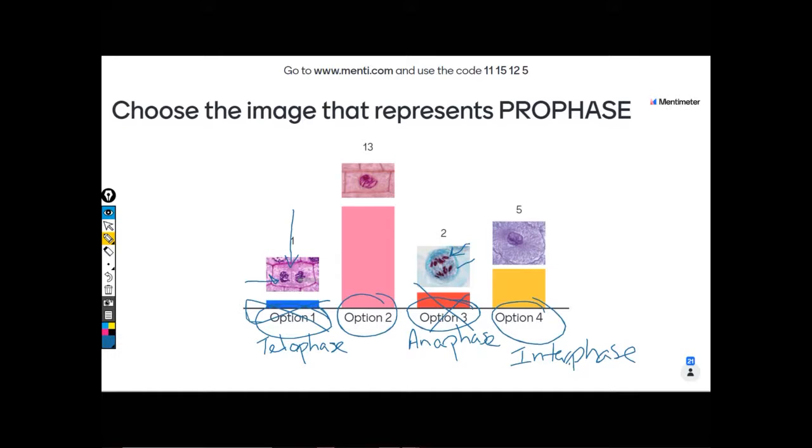We still have a dark part, but what's different about it? So everything that's in that dark part is still our DNA.